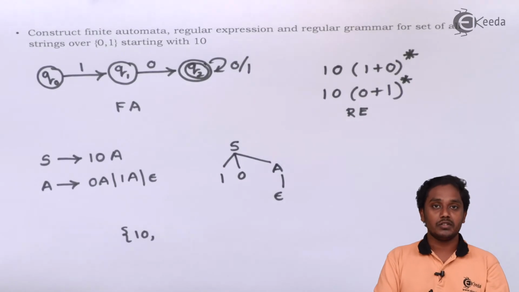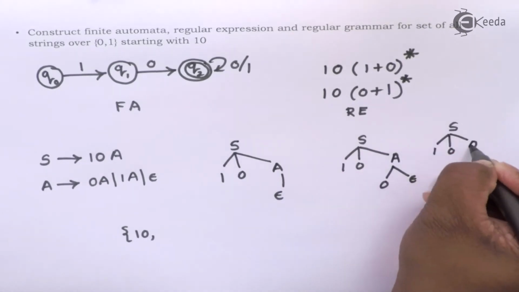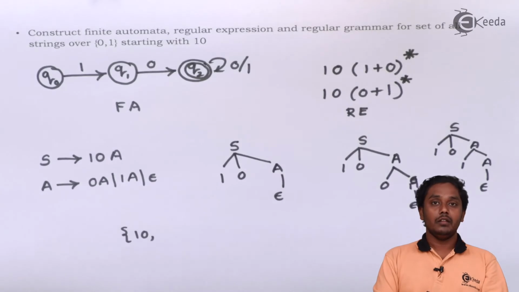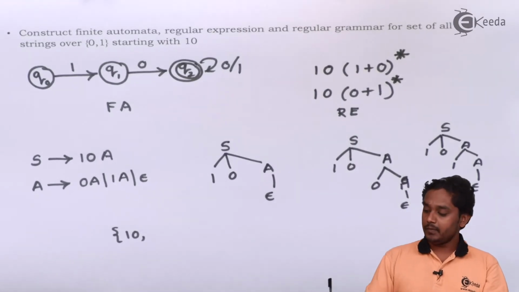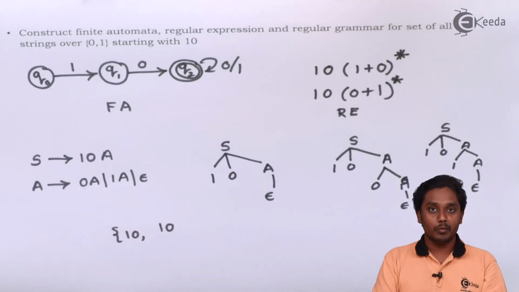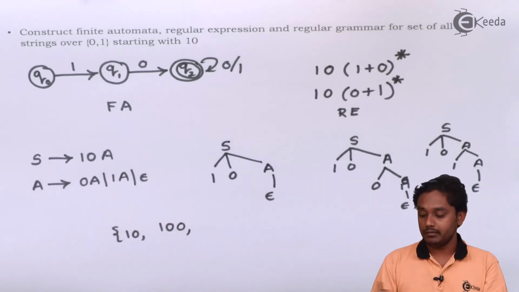If we try to expand the string using productions of A, we will see that the next set of strings which might be produced by the grammar would be 1 0 followed by a 0 or 1 0 followed by a 1.